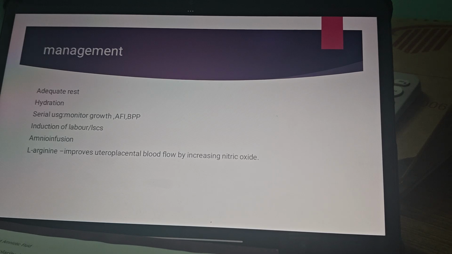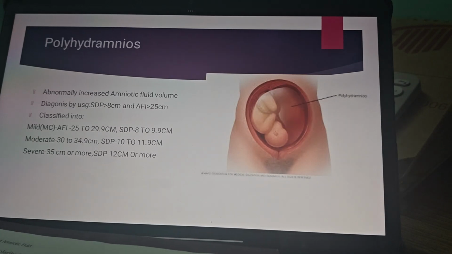Induction of labor or LSCS can also be done. Amnioinfusion can also be tried, and Arginine sachets, which have L-arginine, thought to improve uteroplacental blood flow by increasing nitric oxide and causing vasodilation, can also be tried, but it is under trial.